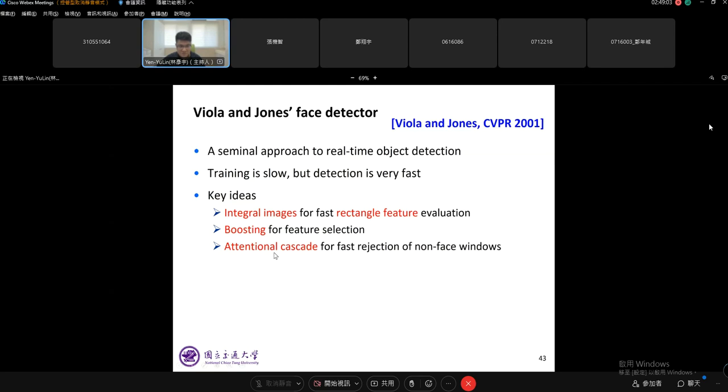The third contribution is the attentional cascade. The attentional cascade is used to speed up the process of face detection. The third component is irrelevant to AdaBoost. So in the following, I'm going to introduce the rectangle feature: how to express the feature of a face or a non-face window, and how to use AdaBoost to select the best rectangle features to separate faces from non-face patterns.